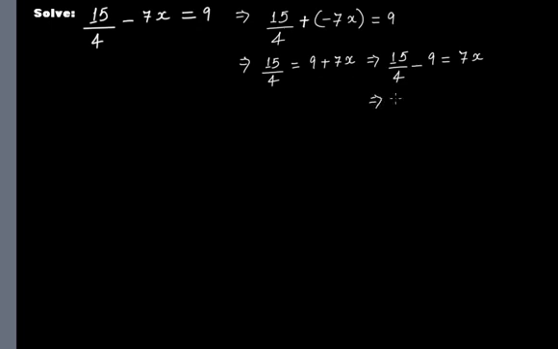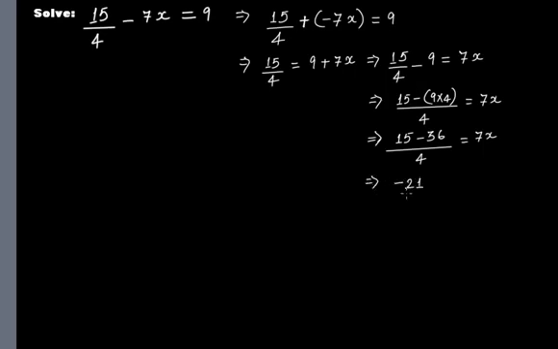If you solve this, this is 4. So this becomes 15 minus 9 times 4 is equal to 7x. This gives you 15 minus 36 over 4 is equal to 7x. And this is minus 21 by 4 is equal to 7x.